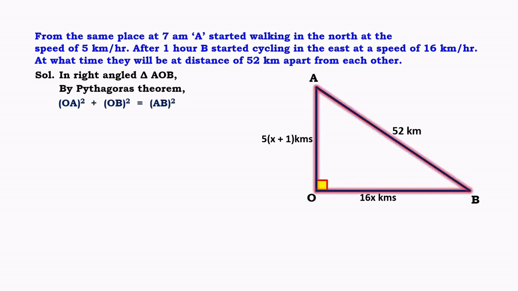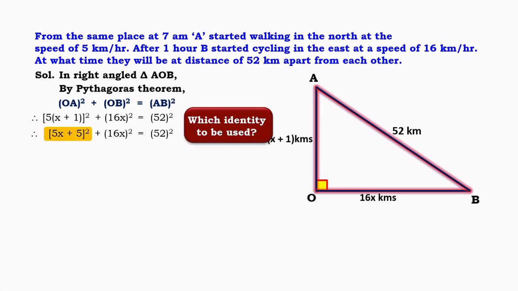Substituting the values, we get 5 multiplied by (x plus 1) whole squared plus (16x) whole squared is equal to 52 squared. First, simplify 5 multiplied by (x plus 1). This becomes 5x plus 5. So, the equation becomes (5x plus 5) whole squared plus (16x) whole squared is equal to 52 squared.